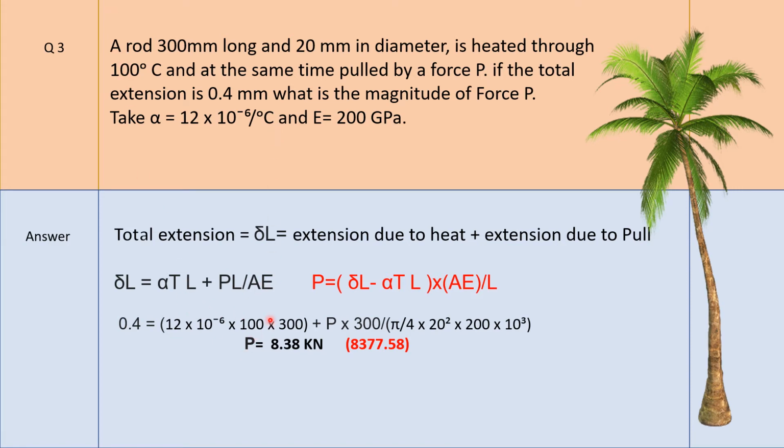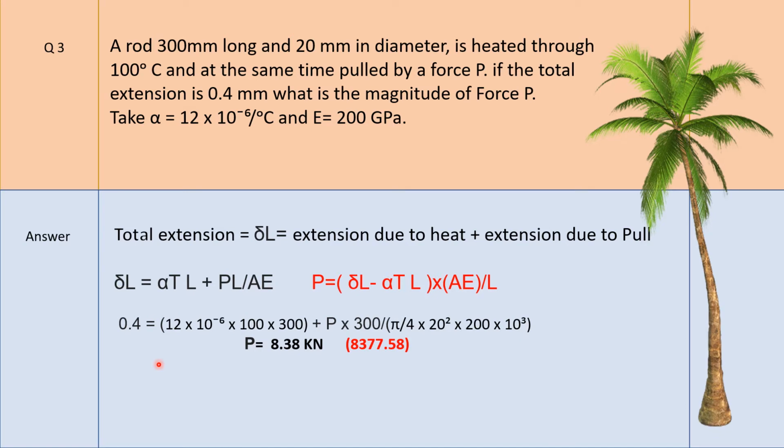L given is 300 mm, so 100 into 300 mm plus P, which we want to find out, into L given is 300 divided by bracket open, bar diameter given is 20 mm, so area will be pi by 4 into 20 square, and E given is 200 GPa, so 200 into 10 raised to 3 or 2 into 10 raised to 5. It is one and the same. And in the denominator for AE we are putting the bracket here.